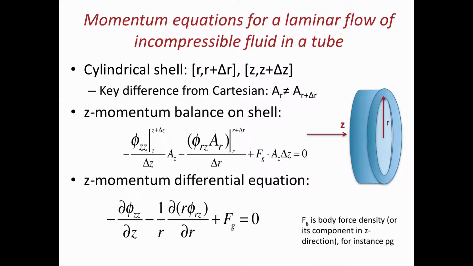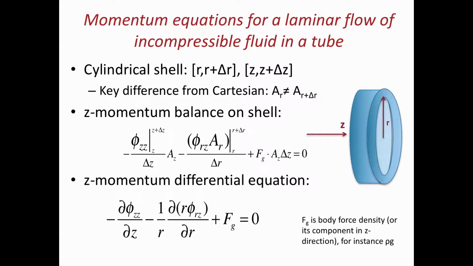So we had our momentum equations for laminar flow in the incompressible fluid. We got a general z momentum balance, and if you remember, this is its general form. I just put this as area in r, which is a function of r.